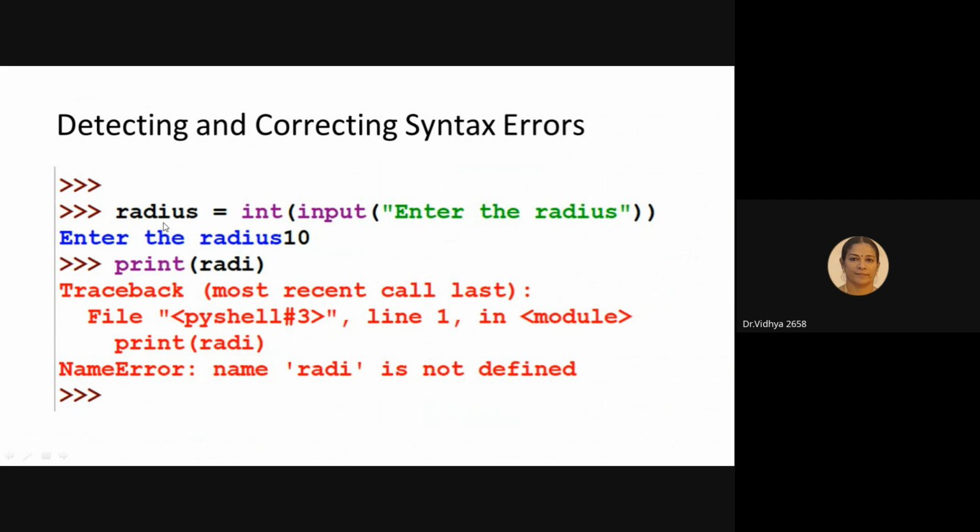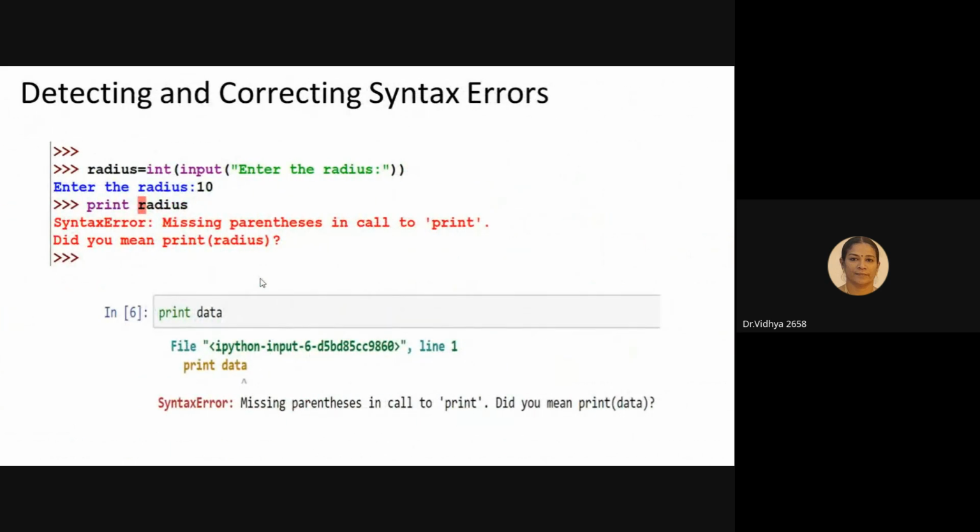We have defined radius only, but in coding we have committed a mistake. Detecting and correcting syntax errors is a very important step in Python programming.